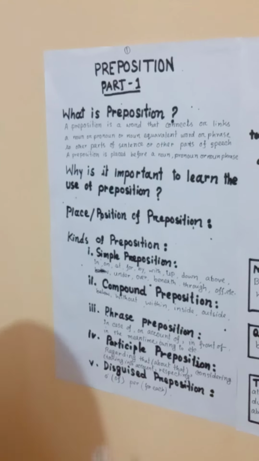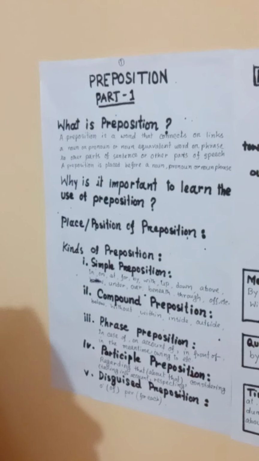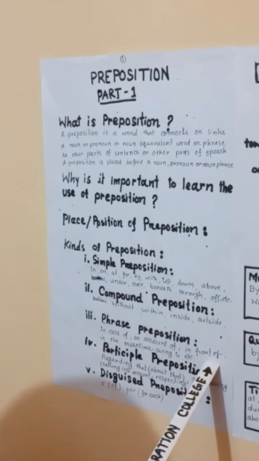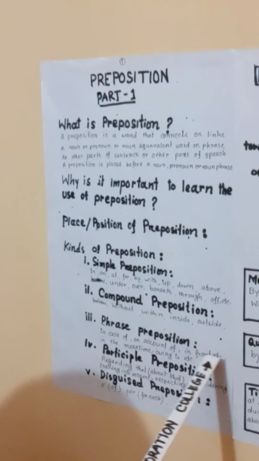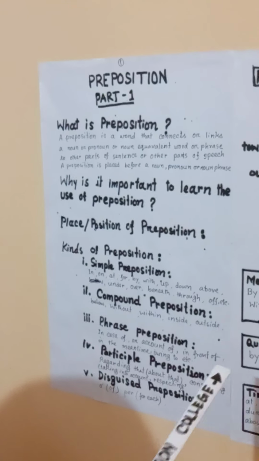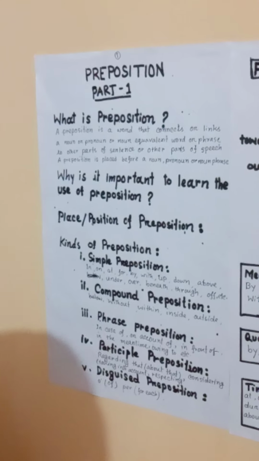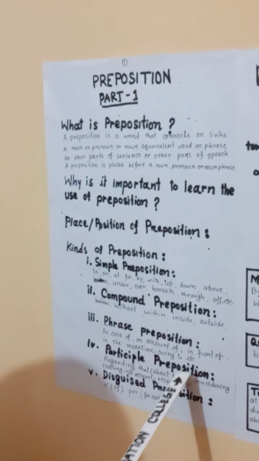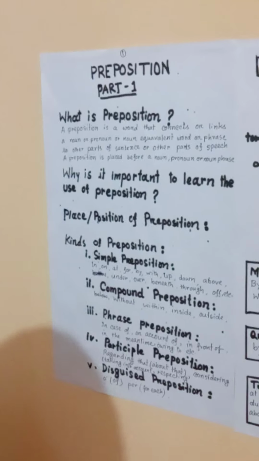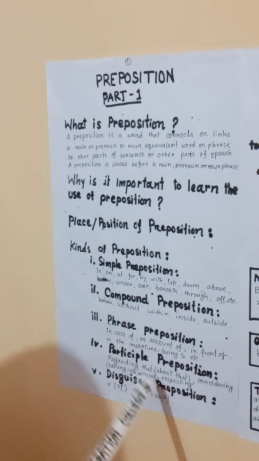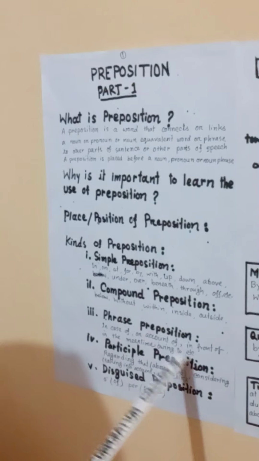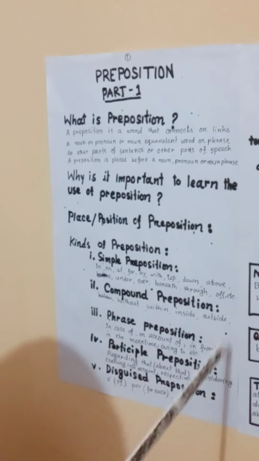Now, for example, in case of gives the meaning of if. On account of, this phrase preposition gives the meaning of because of. In front of, there are 3 different words, but it gives the meaning of a particular word: before, the meaning of in front of means before, purbe. In the meantime, itomodhye. Owing to, because or as. So these are phrase prepositions.